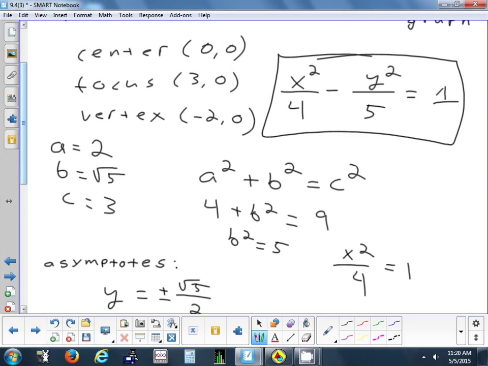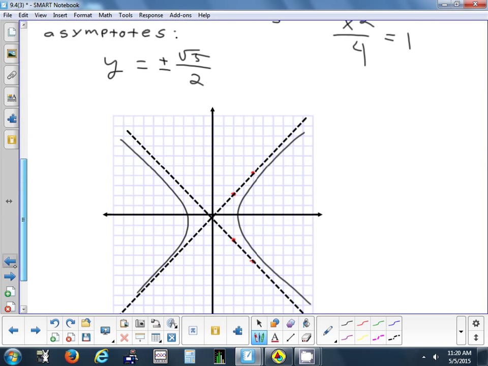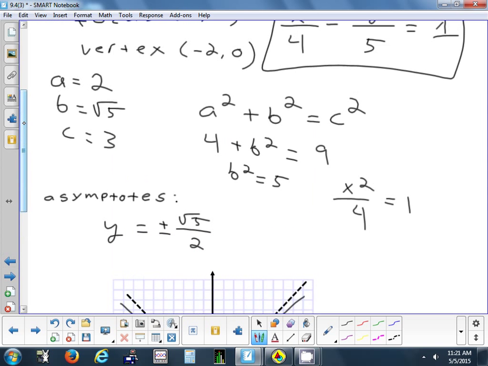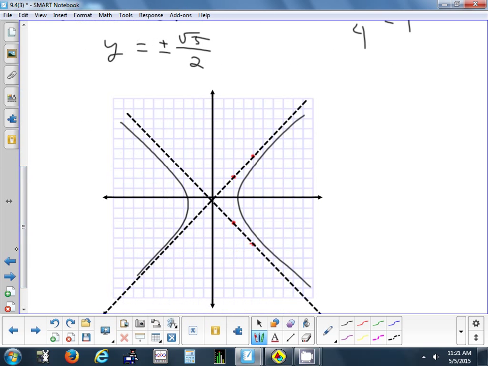Multiply each side by 4, you get x squared equals 4, and x equals 2. So I didn't sketch it perfect. The intercepts should actually be at 2 and negative 2. So my graph's a little bit off, but that's okay. I was trying to see if it had something to do with the square root of 5, and it doesn't. So visually, I'm not sure what B would be. Any questions on the sketch, though?